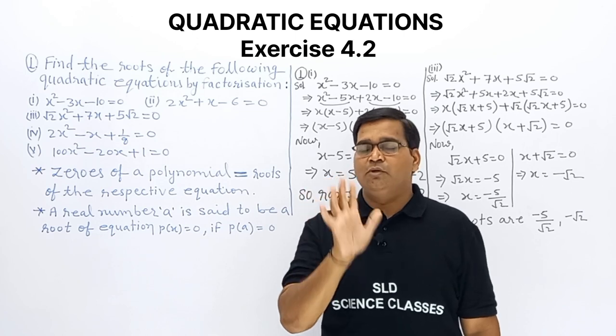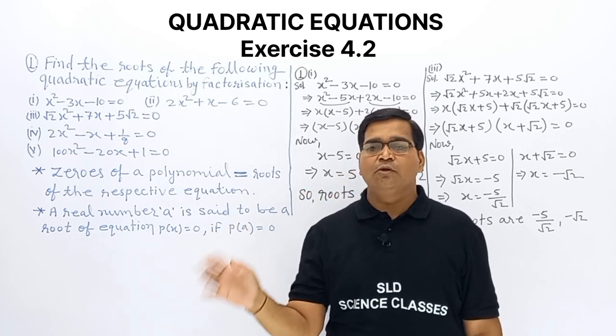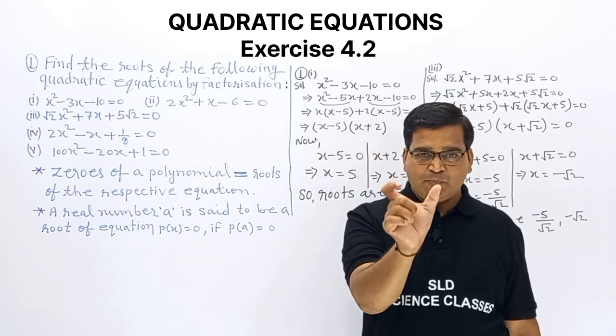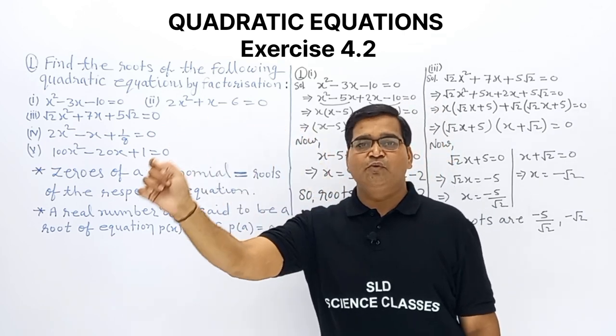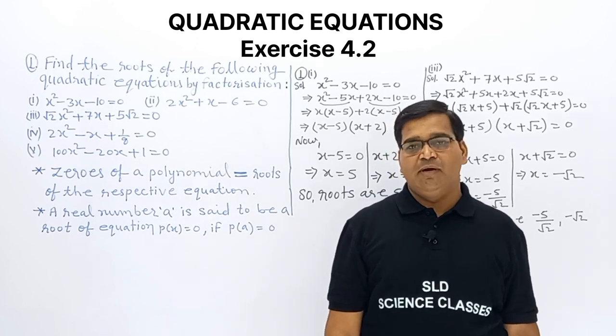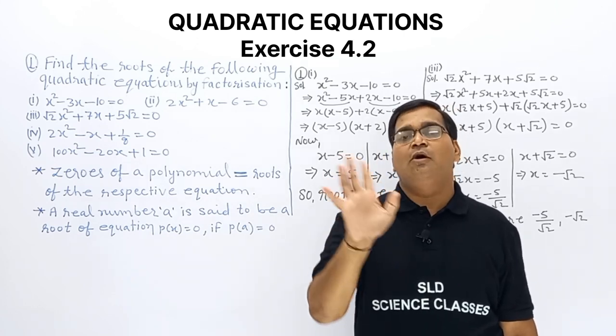Once we put the polynomial equal to 0, we get the value of the variable, and that value is the zero of the polynomial.